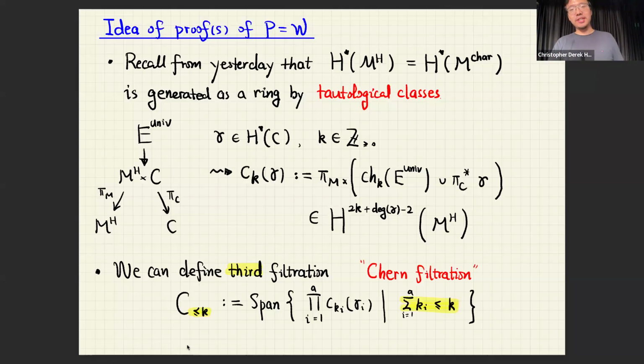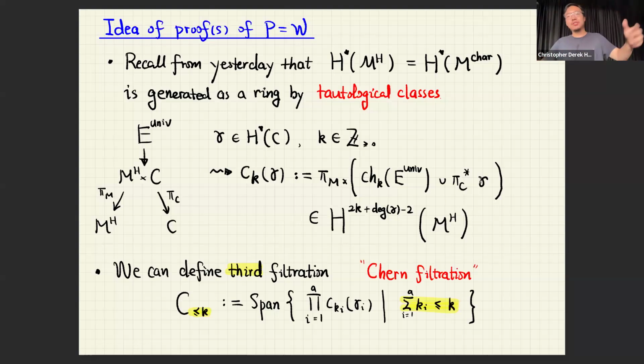And this third filtration is given by another structure, which is the tautological classes on these moduli spaces. Recall yesterday that using the universal bundle, we can define the tautological class c_k(gamma), where k means which Chern character you take for this universal bundle, and gamma tells you which class you integrate on the curve side.